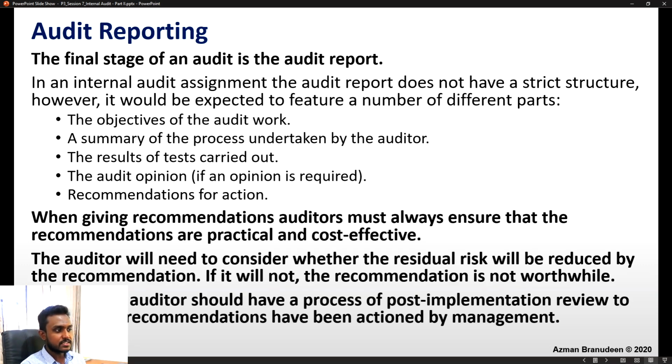The auditor will need to consider whether the residual risk will be reduced by the recommendation. If it will not, the recommendation is not worthwhile. As I explained in the residual risk management segment, sometimes we misinterpret to say that we have done everything that we could. But the idea of internal audit is to come up with recommendations in a way to identify the gaps of the internal control systems, to say, look, you can bring your residual risk down to this level, but currently it's at this level because there are certain gaps.